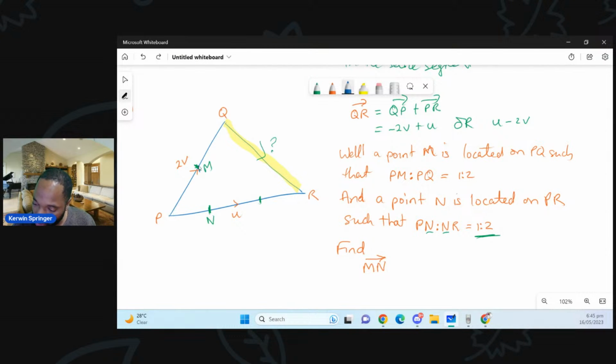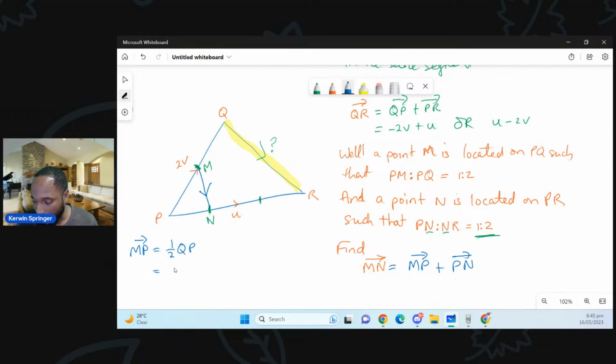And now they want you to show what M to N is. Well, remember the key to vectors is finding another way. So M to N is really, if I go from M to P, and then I add on P to N. So first I need to find what M to P is. Well, M to P is half of Q to P, which I already know is the negative of that.